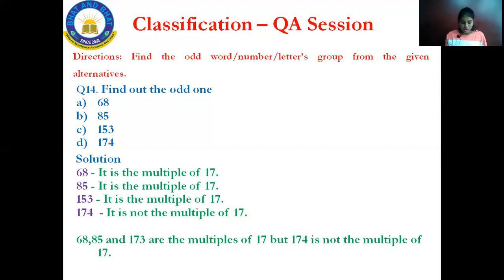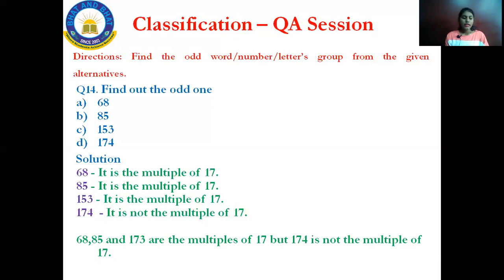Let me explain this. I repeat again, your question is question number 14, that is find out the odd one, and your options are 68, 85, 153 and 174.